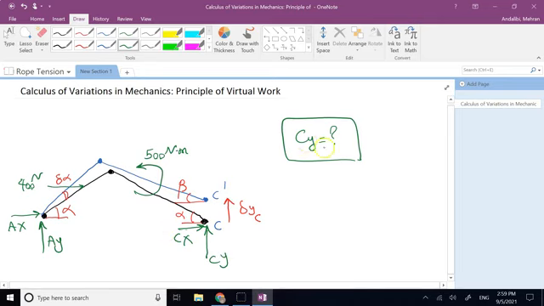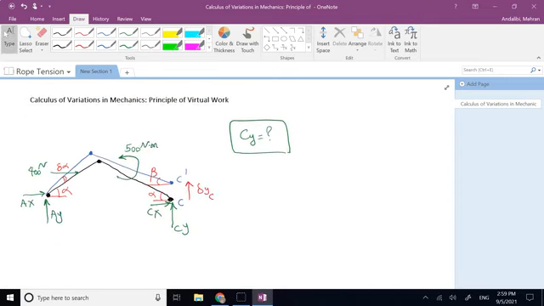Only Cy, which is the unknown of interest, does work, plus the 400 Newton and the 500 Newton meter, right? So this is what I do this time.